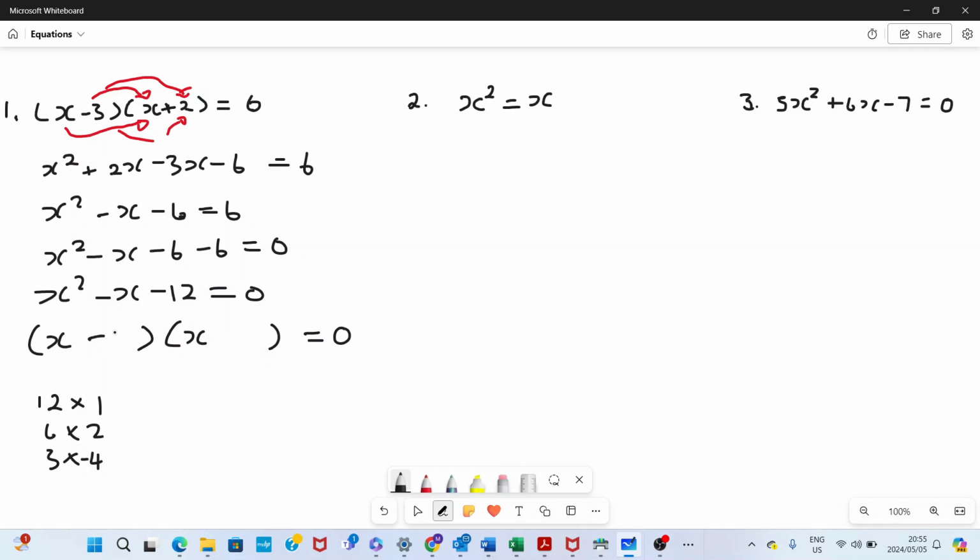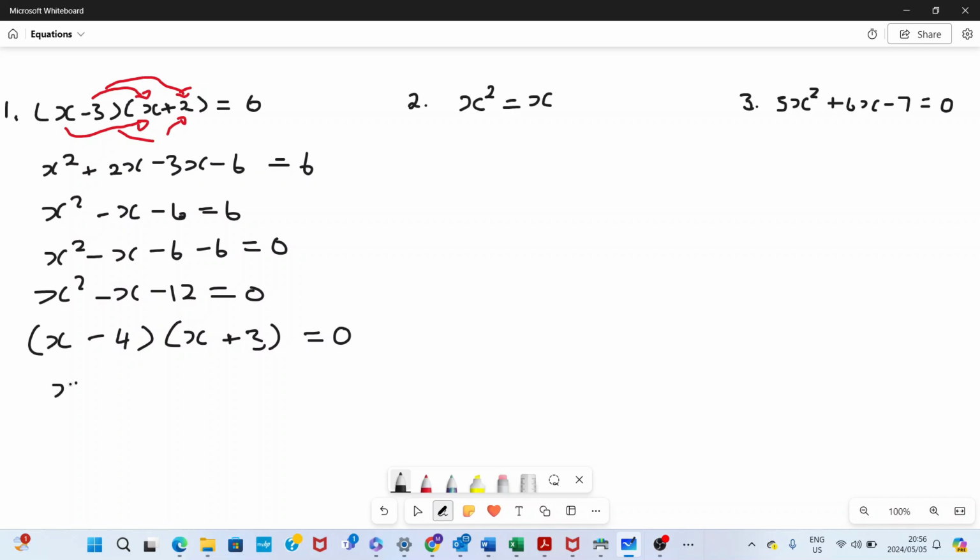So that means we have minus 4 here, and then a positive 3 here. So that's it. And I can erase the factors of 12 and continue solving the equation.